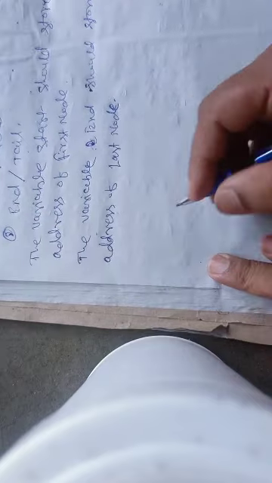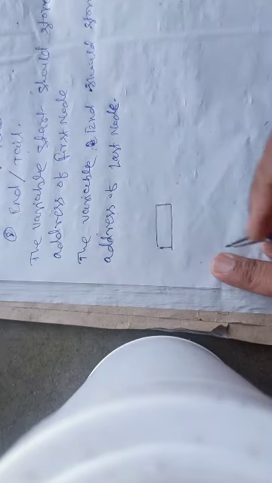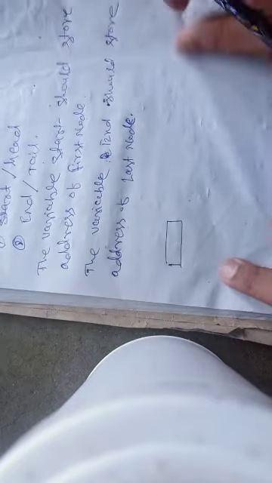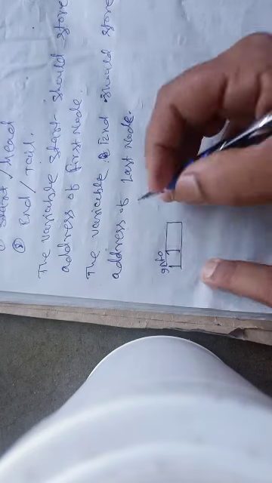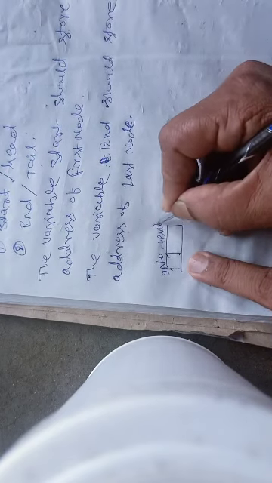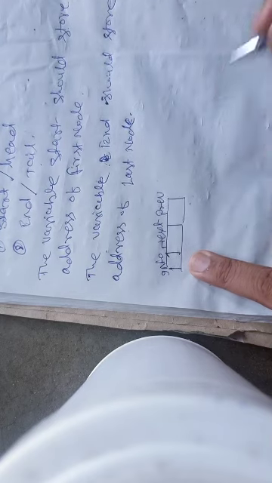Similarly, in the first node also there must be two pointer fields. One is next and the second one is prev. Okay, so let me draw a diagram, then you can understand. Suppose this is my first node and this node must have three fields. One is info, second one is next, and third one is previous.